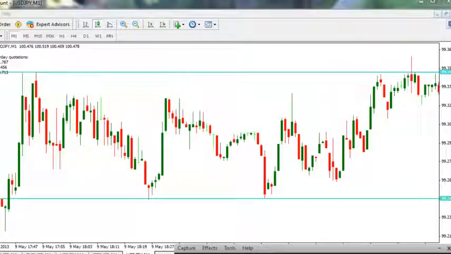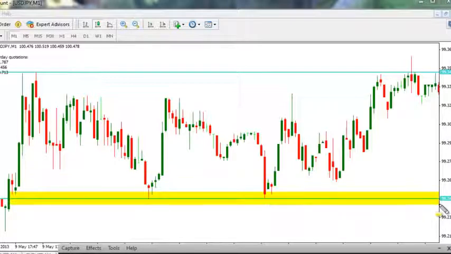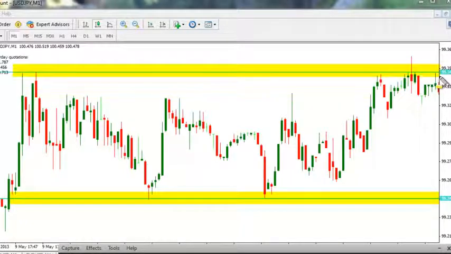So to simplify it again, so far we've zoomed out, we've zoomed all the way in and selected the 1-minute chart, and we found two areas of support and resistance, just to keep it simple. In this example, this is where we can see price failed to go higher and came back down here.